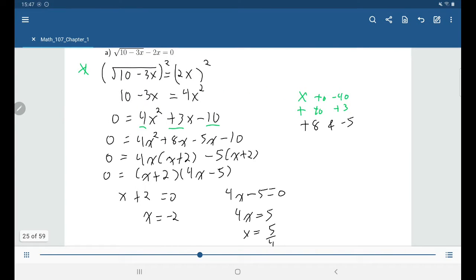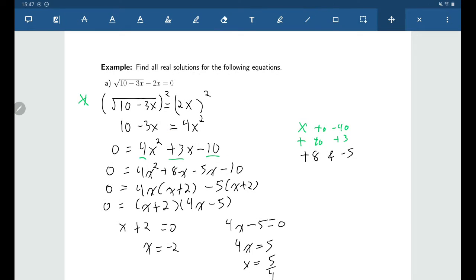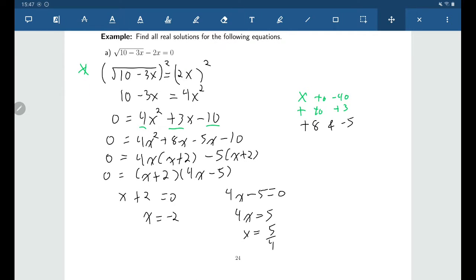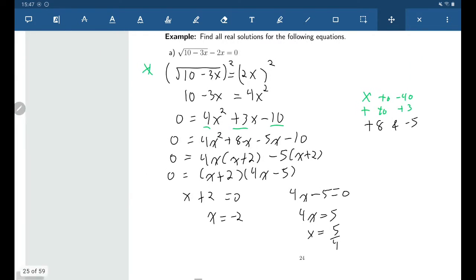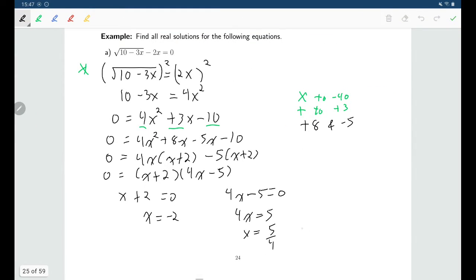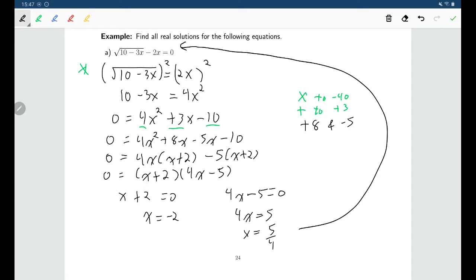So what I expect to see for this kind of problem is that once you've solved and found out what the values of x are, you will need to go back and check your solutions in the original equation. Remember, the reason we're going back to the original equation and not to the nicer quadratic line is that the quadratic is what told us we had two solutions, negative 2 and 5/4.